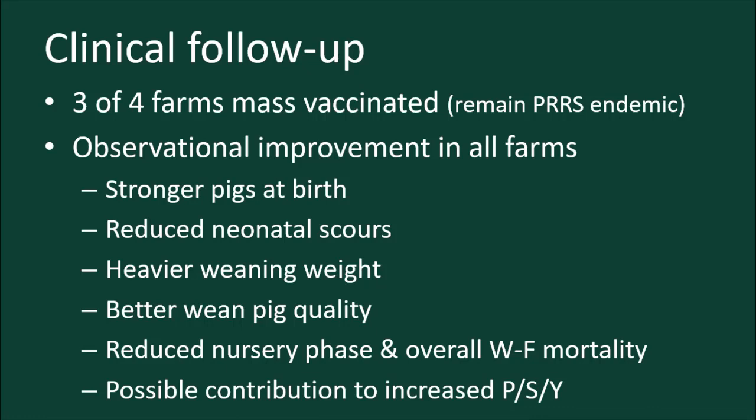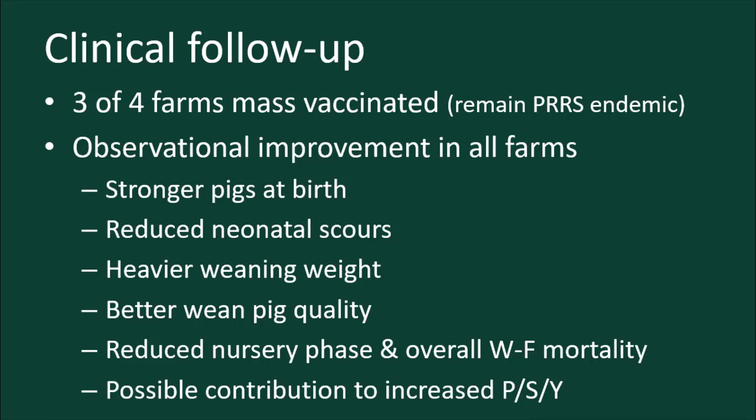We do see heavier weaning weights and better wean pig quality in those herds. We saw reduced nursery phase and overall wean to finish mortality, although it was not statistically significant. It's hard to measure with PRRS and PED and other factors that came into play over time. And we also saw a possible contribution to increased pigs weaned per sow, but I don't have that to show you today.